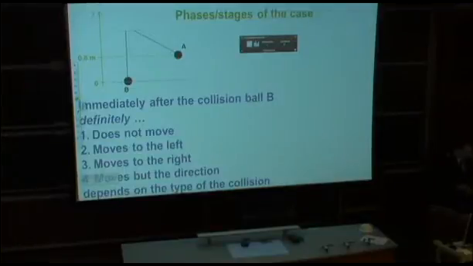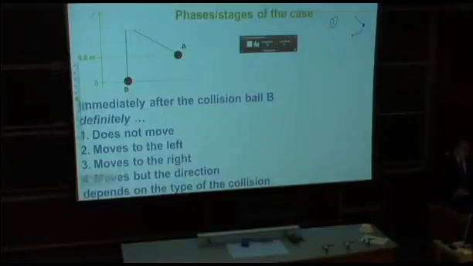Well, first of all, the stage number one. This ball is moving down. That's a ball on a string moving down. We've said everything about the situation before.